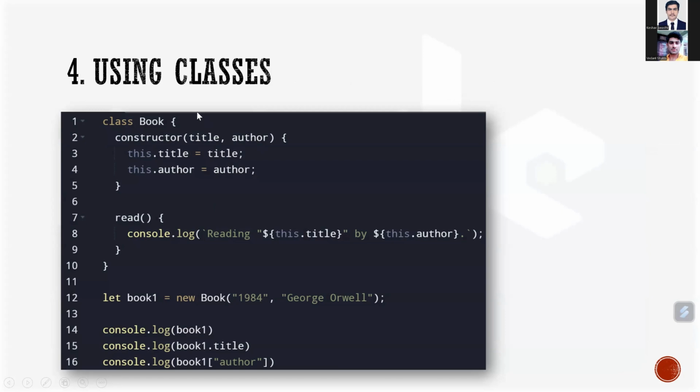I will not cover classes right now, but please bear with me. When I execute the 12th line, let's say book is equal to new Book with the values 1984 and George Orwell, these two values are passed inside the constructor, because during the creation of an object the constructor is called. So 1984 is passed to the title and George Orwell is passed to the author.